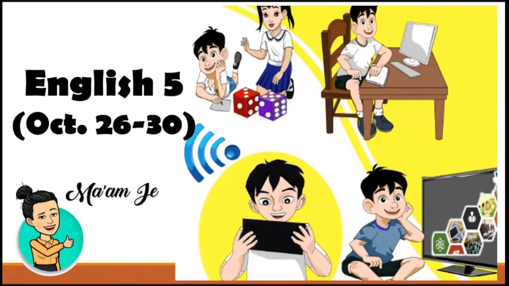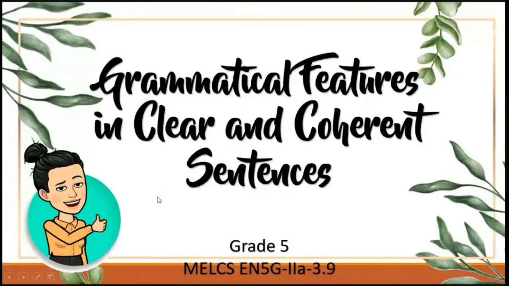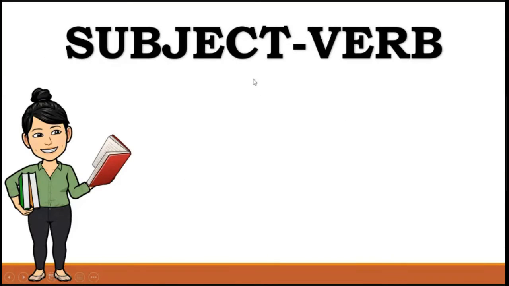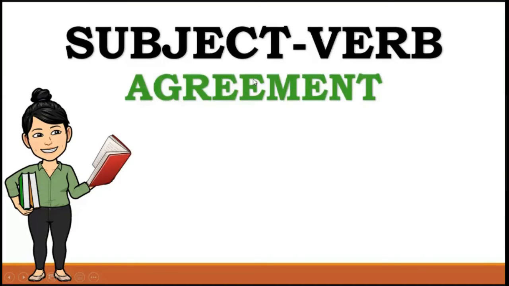Okay, so let's begin. We will talk about grammatical features in clear and coherent sentences. First, we will talk about subject-verb agreement. What is a subject? What is a verb? And what is agreement?